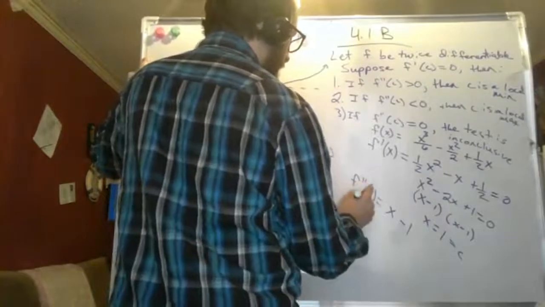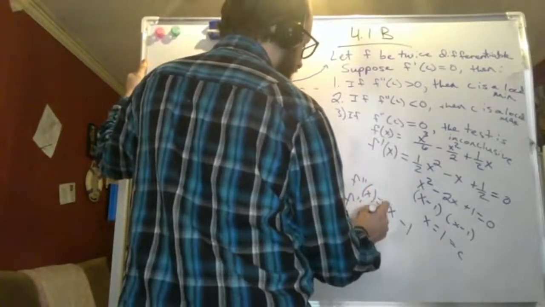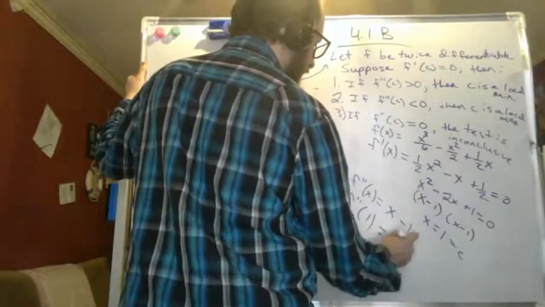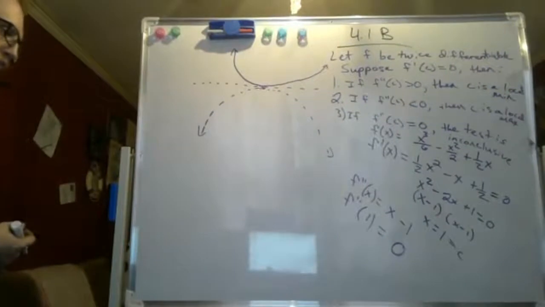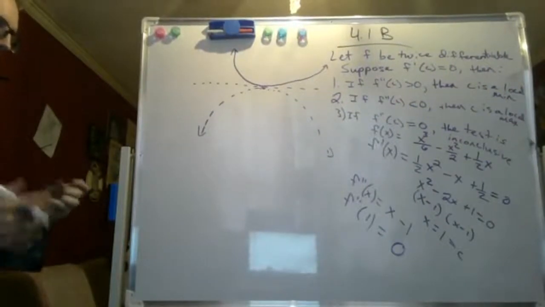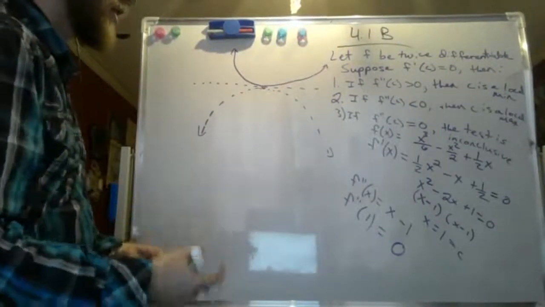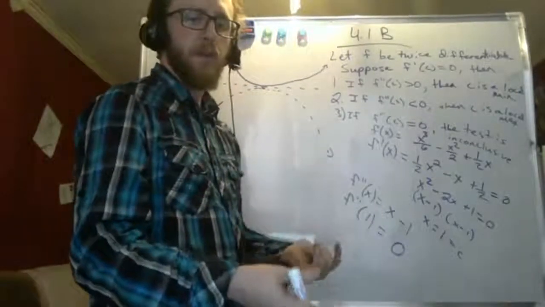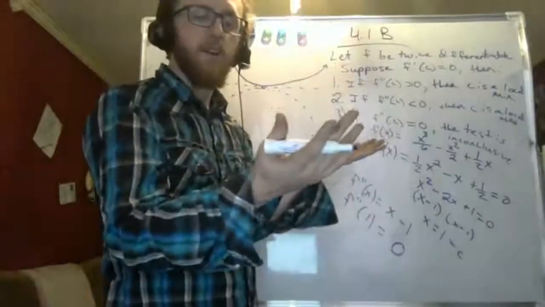But now when I plug in c, or in this case, when c is 1, then I have 1 minus 1 is 0. My second derivative is 0. So in this case, is it a local maximum, or is it a local minimum? Or is it maybe nothing at all?